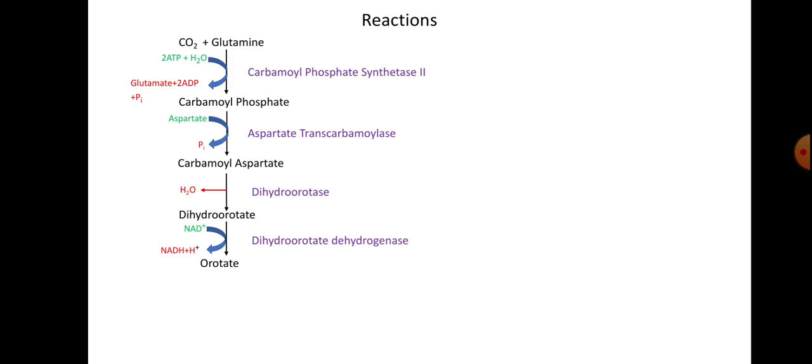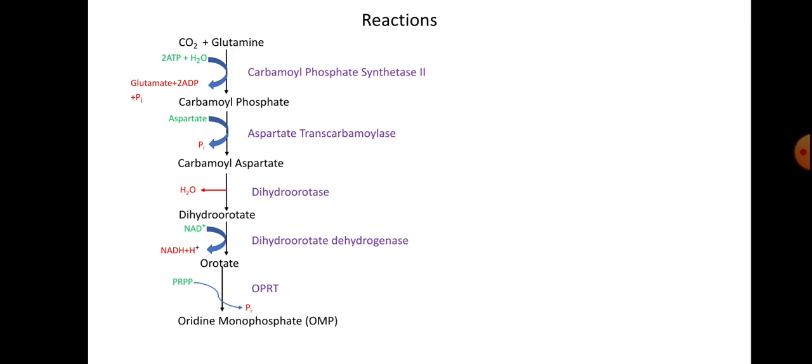Orotate will now become orotidine monophosphate by the enzyme OPRT, which is a short form for orotate phosphoribosyl transferase. So in this reaction, ribose 5-phosphate moiety is being added to orotate to make it OMP, and the ribose 5-phosphate is being given off by PRPP, and a molecule of inorganic phosphate is being given off.